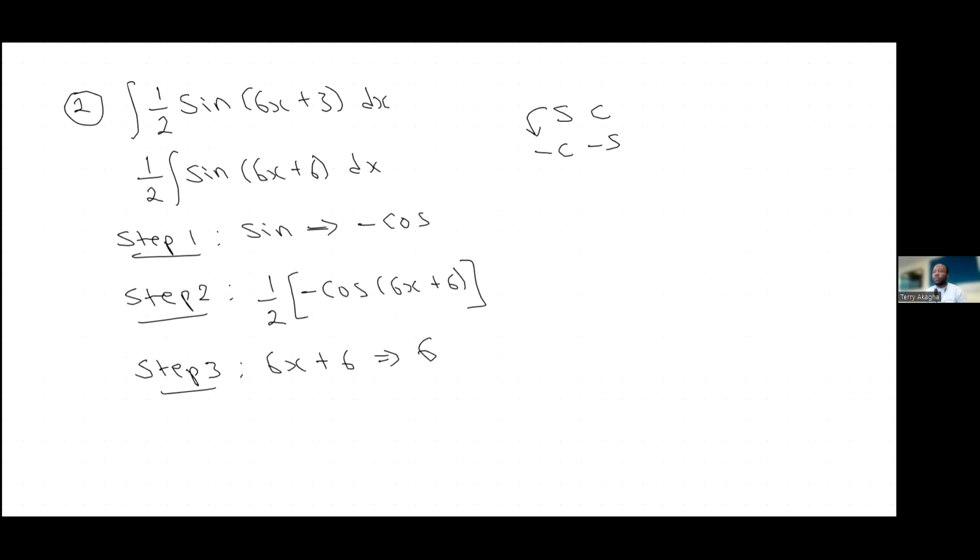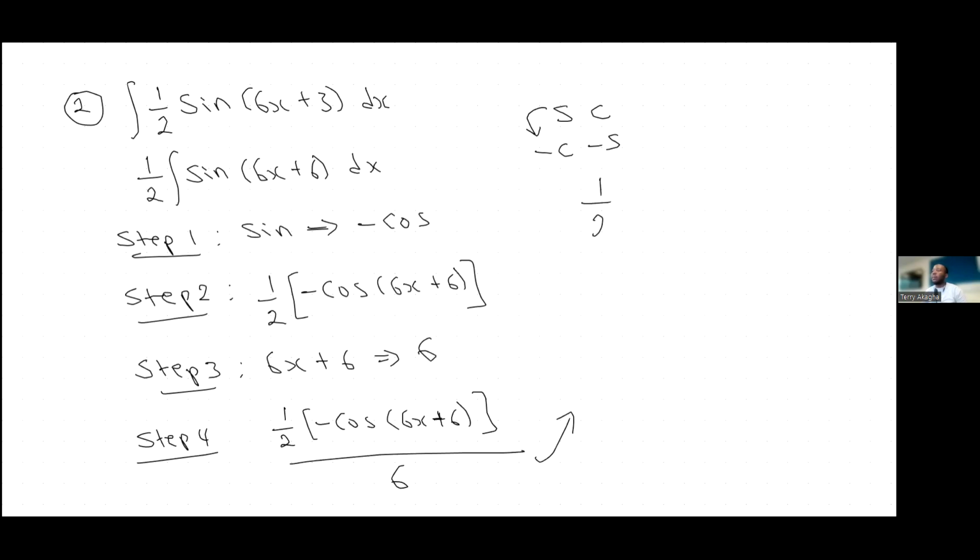Now step 4, we have to divide step 2 by step 3. So it's going to be 1 over 2 into bracket minus cos 6x plus 6, all divided by 6. And now you can easily write this again as 1 over 2 times minus cos 6x plus, sorry, this is 3, not 6.